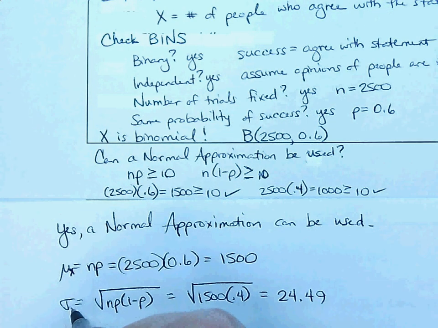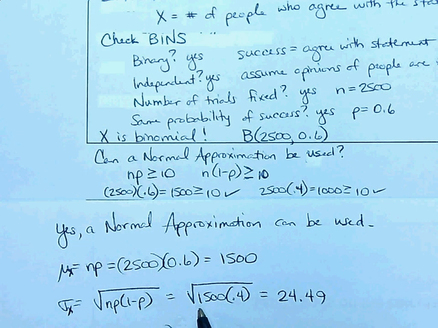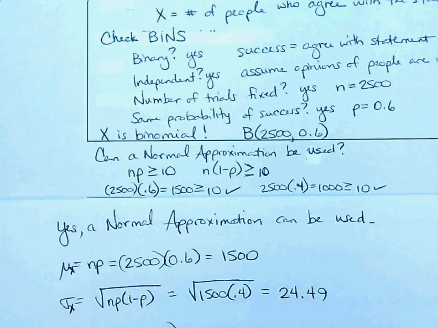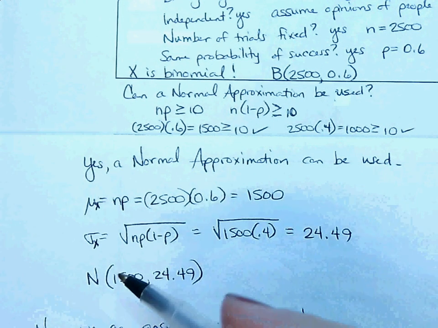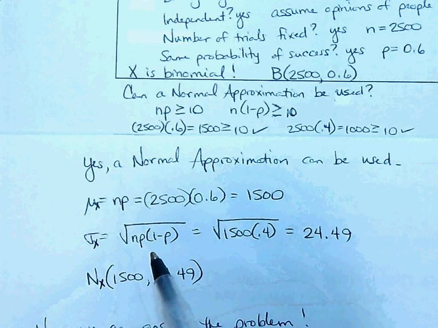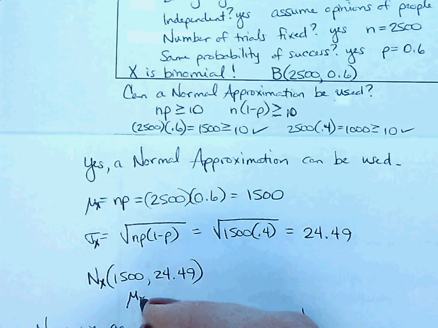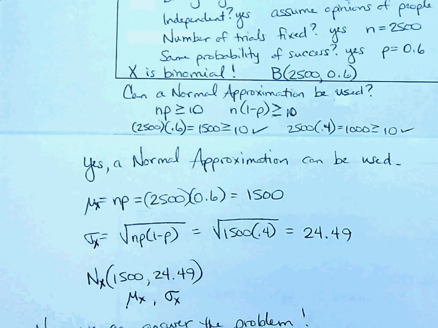I also have to calculate a standard deviation, the square root of np(1 minus p), which is the square root of 1,500 times 0.4, or 24.49. So I'm going to use the normal approximation, where I have normally distributed x with a mean of 1,500 and a standard deviation of 24.49.